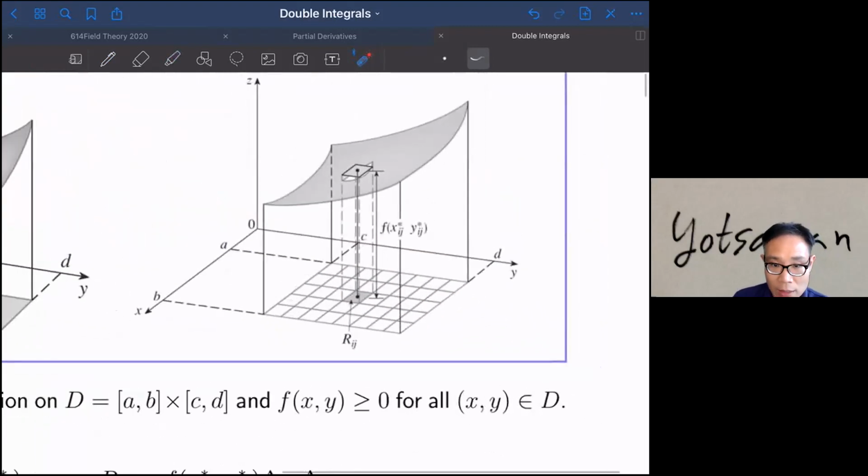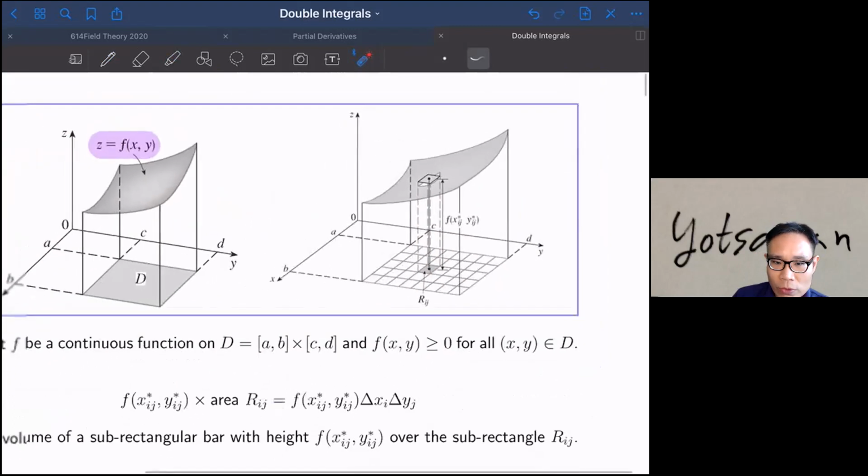You have the rectangle down here, and you get a bar like this one. So when you compute, you get the volume of this bar: width times length times height.